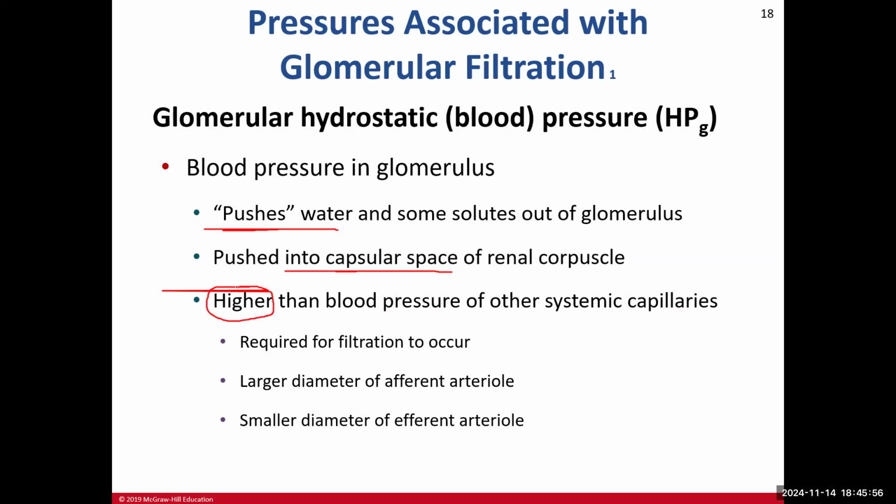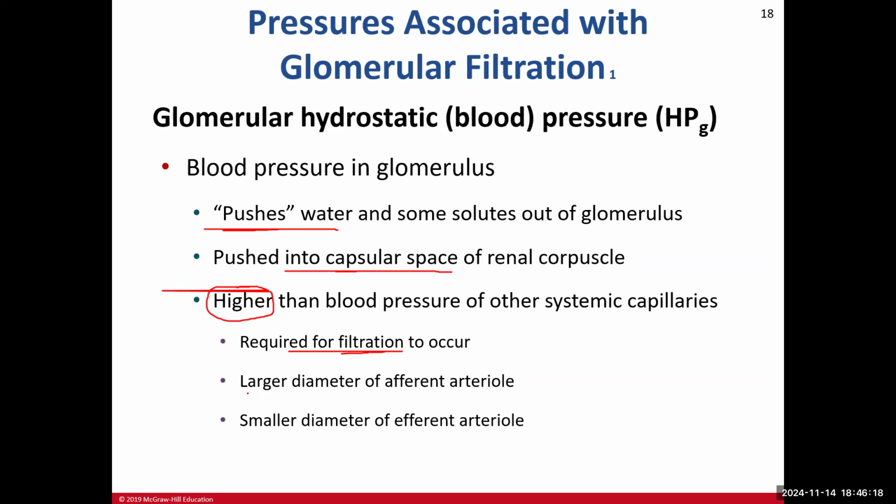That should sound familiar to some of you. So what we're saying is it's a little bit higher than that, so we're ensuring that the filtering process is occurring. That's our goal, we want to get stuff filtered through. So we're just going to increase the pressure there.